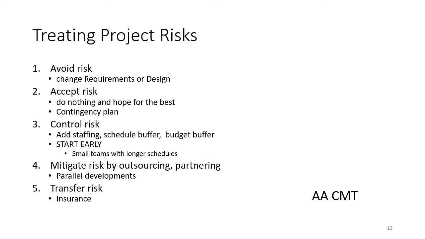Control risk: staffing, buffer, schedule, budget. One of the things that I think is very, very important is to start early. Don't wait, don't procrastinate. Get started early, and then use small teams with longer schedules. The reason why that combination is the best is that engineering is an intellectual activity. It's not manual labor shifting things around. It's about thinking.